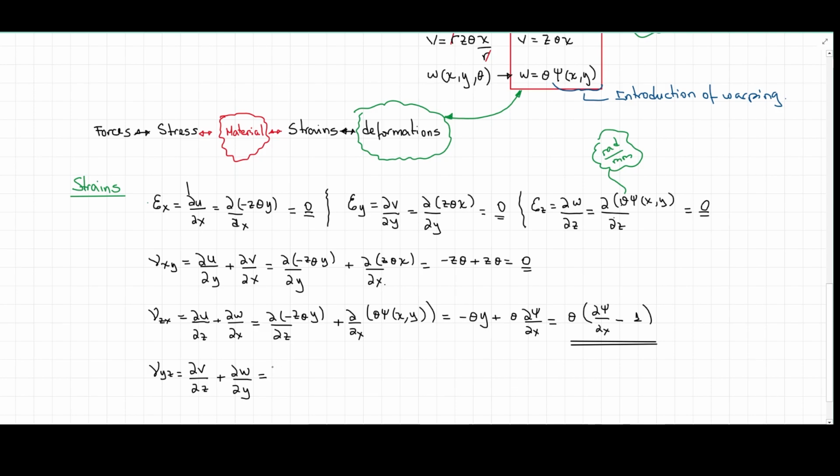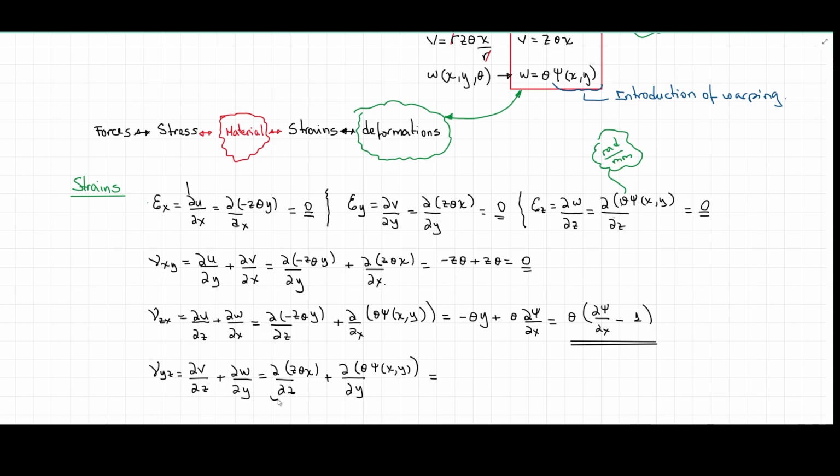Then operating again, this is going to be the partial derivative of v, which is z theta x, with respect to z, plus the partial derivative of w, which is then theta psi, which is a function of x and y, and then the partial derivative with respect to y here. Perfect. The same, keep operating.